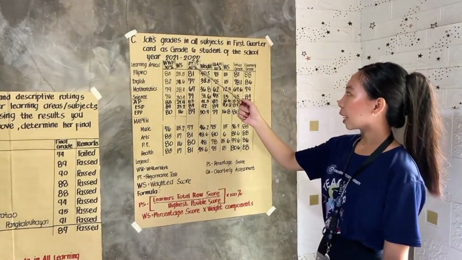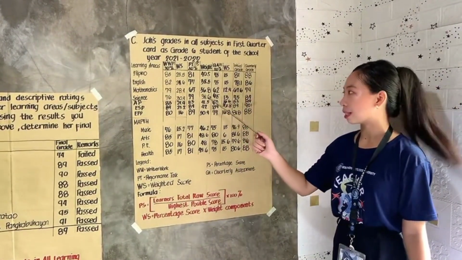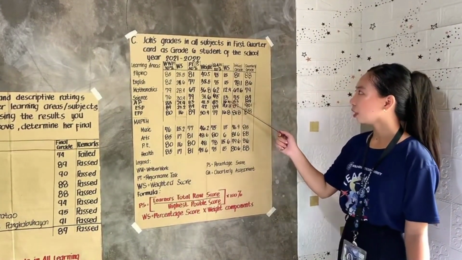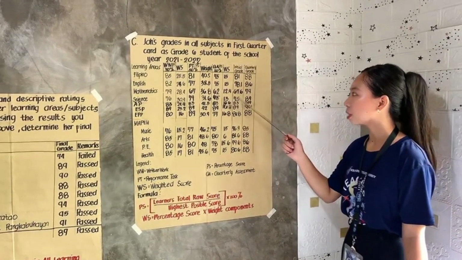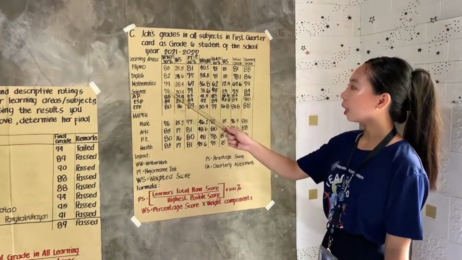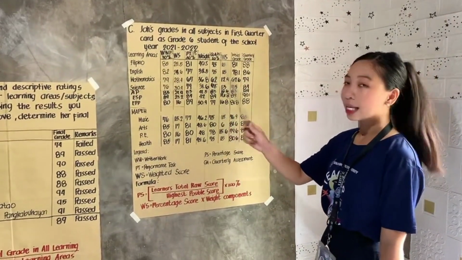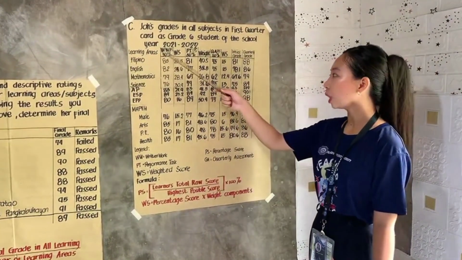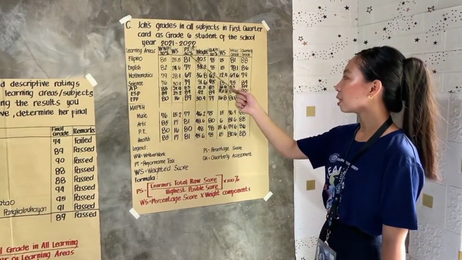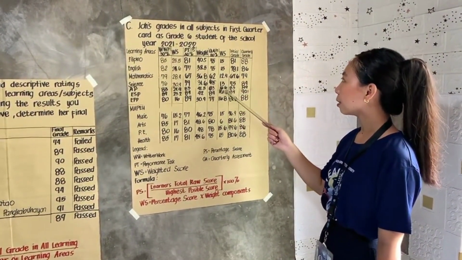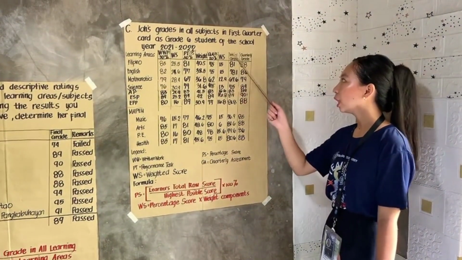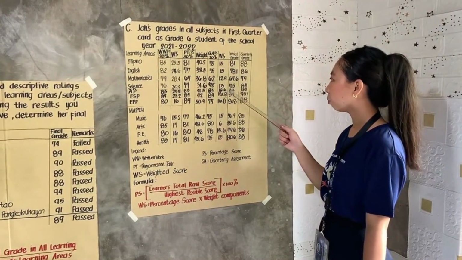In performance task, he got 31.6. In quarterly assessment, he got 13. So the initial grade is 75. And in Araling Panlipunan, he got 24.9 as a weighted score in written work, and 41.5 in performance task, 16.6 weighted score in quarterly assessment. So he got the initial grade of 83.